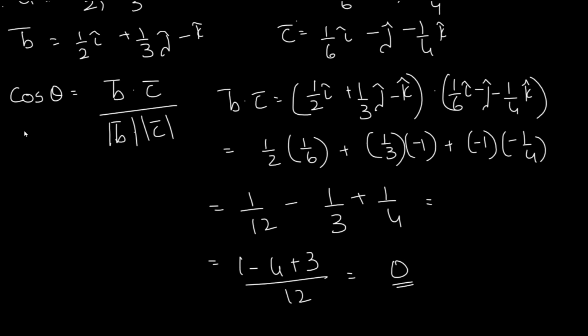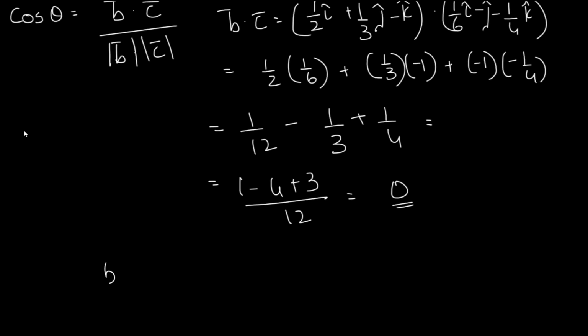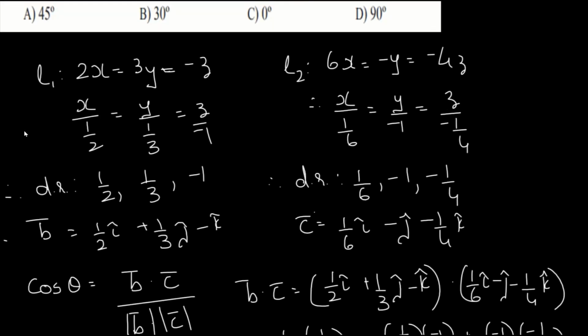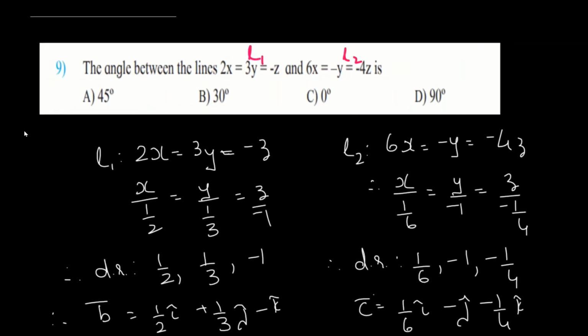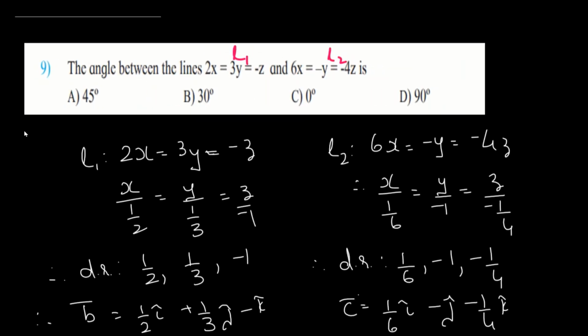So now we don't need to do anything further. We got B dot C is equal to 0. Therefore, B bar is perpendicular to C bar, and therefore the angle between the lines is 90 degree. And thus, from the options, the correct option is D, that is 90 degree. Thus, we get this particular answer for our question.